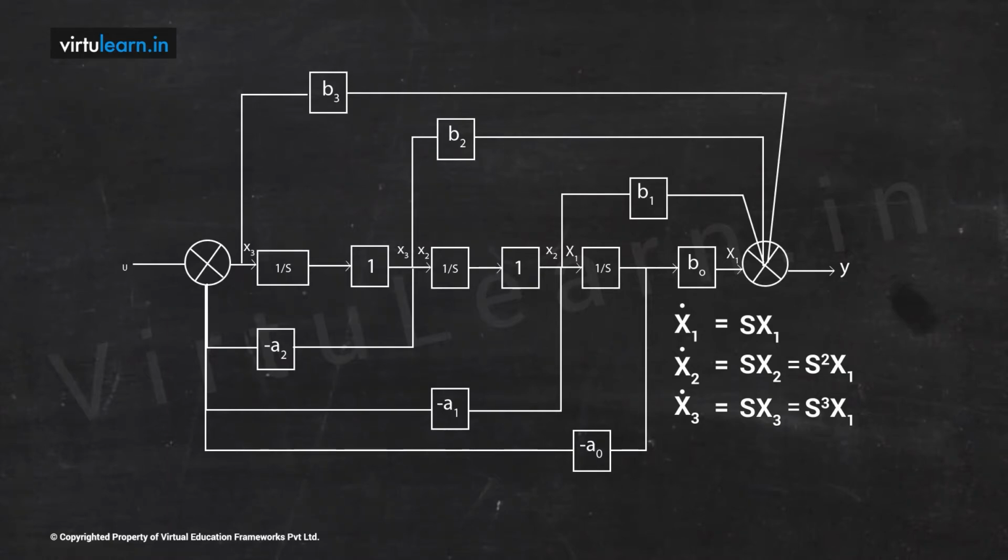In s square x1, what is the coefficient? We have b2. So from s square x1 I can connect b2 and connect that to the summing point. Then the third term is sx1 with the coefficient b1. So b1 sx1 is available, from there you connect it. Then lastly we have x1 b0. So x1 is available, introduce one more block there after x1 and connect it. Therefore there are 4 inputs to the summing point which results in the output y.